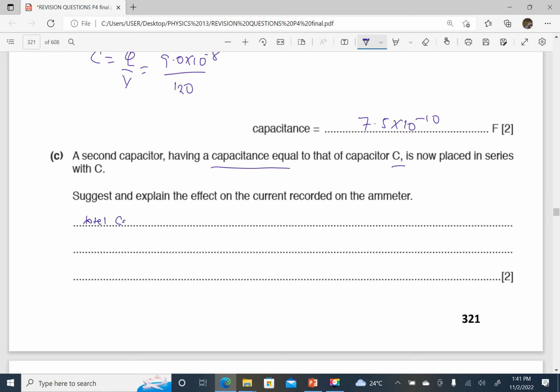Total capacitance becomes half, or is halved. Remember, charge is equal to C times V. If charge is C times V, then charge is also halved.